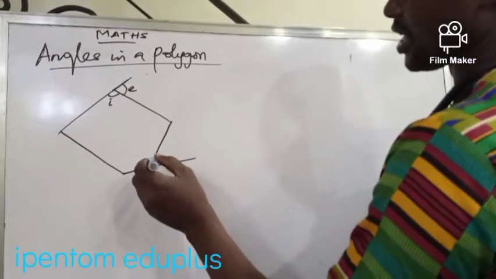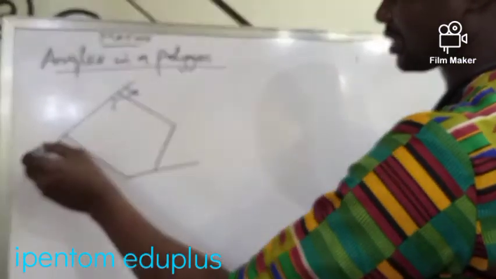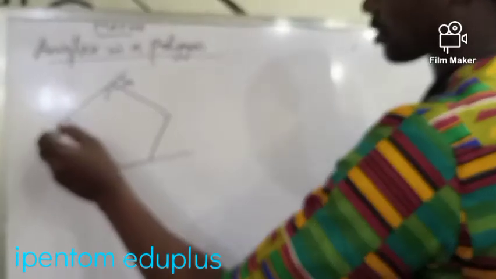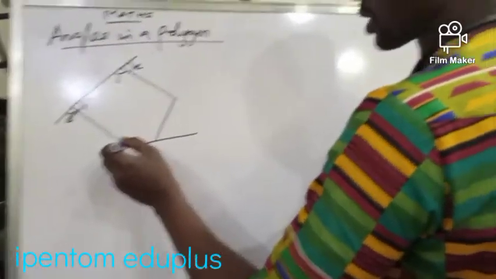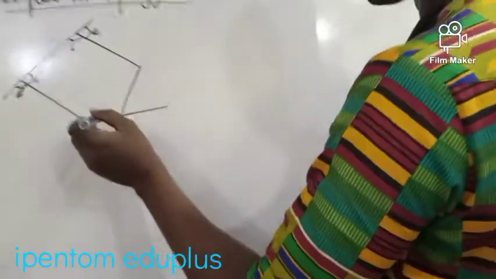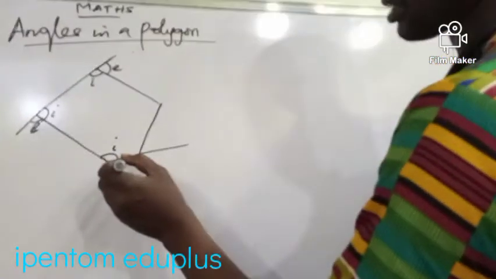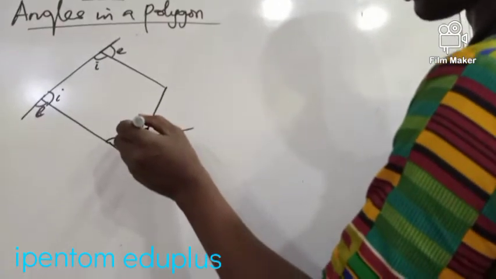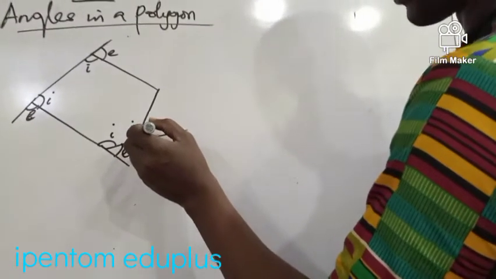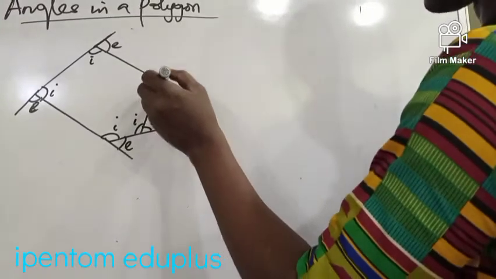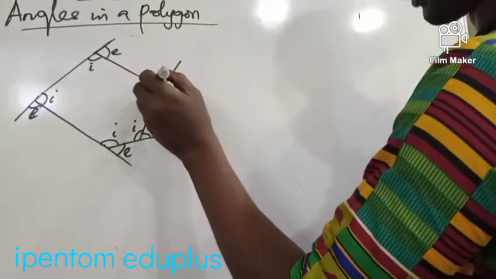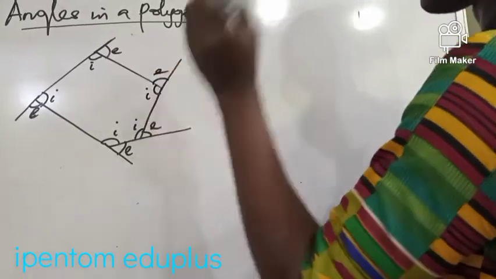We can extend each line, and at every vertex we have the interior angle inside and the exterior angle outside.